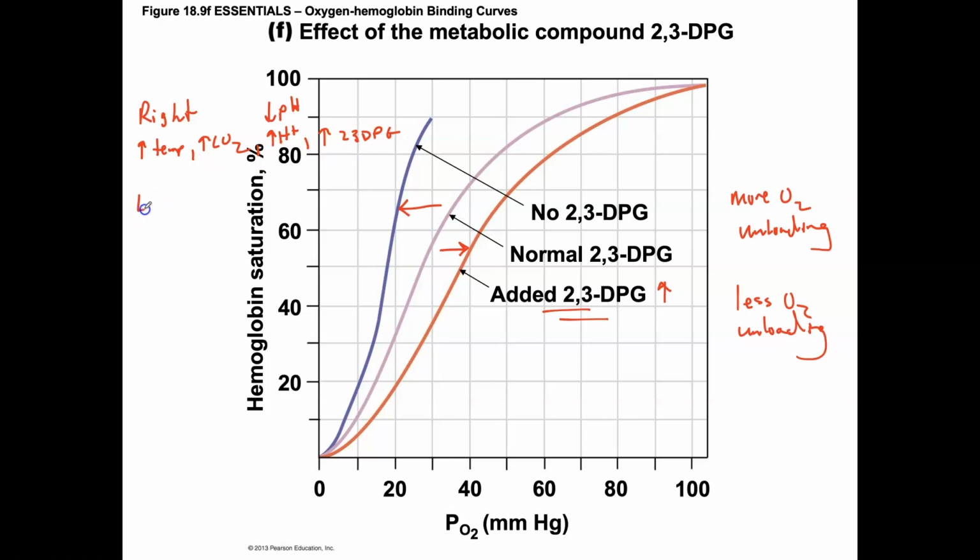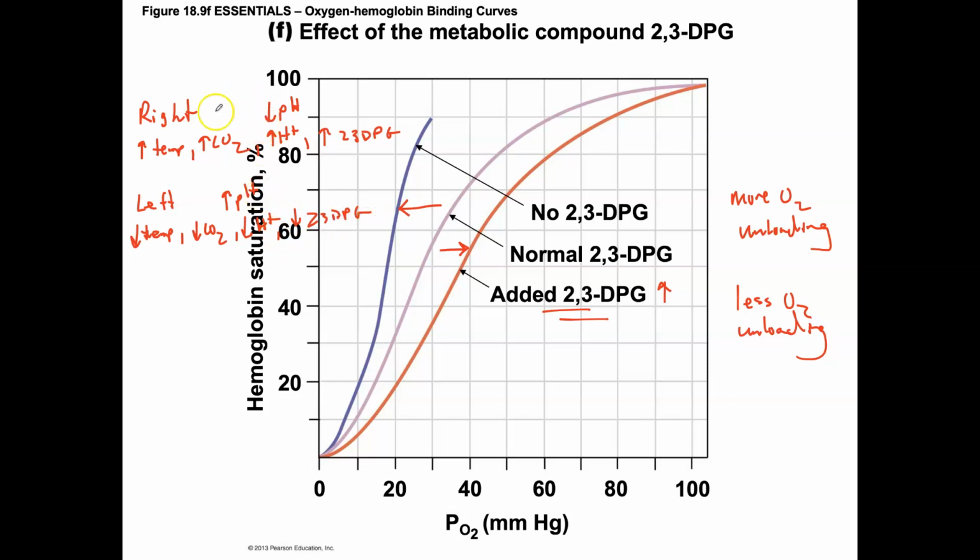When it's shifting to the left, we're looking at lower temperature, lower levels of carbon dioxide, lower levels of hydrogen ions, which would be an increase in pH, more alkaline, and no or lower levels of 2,3-DPG.